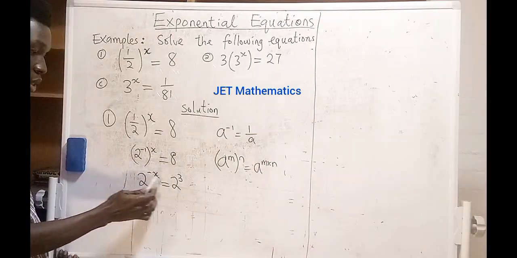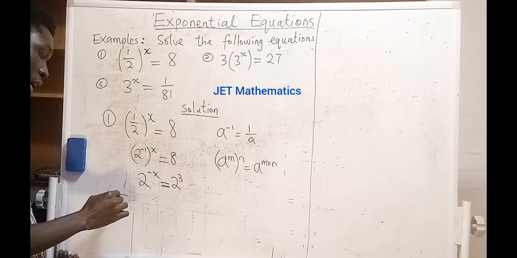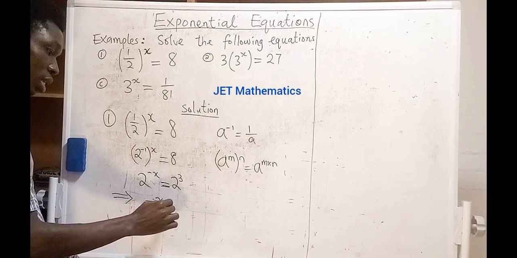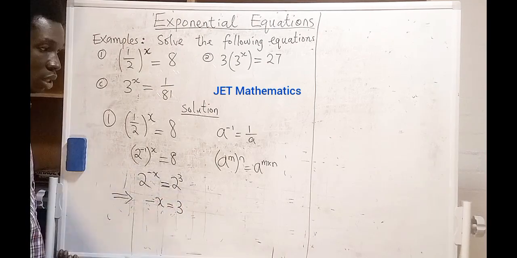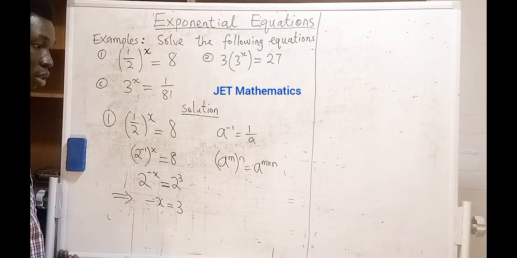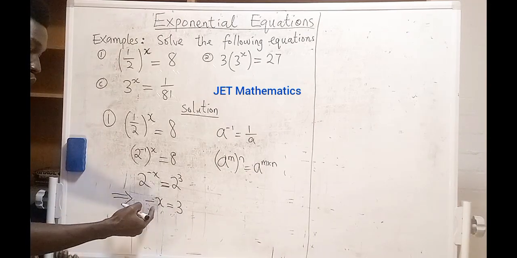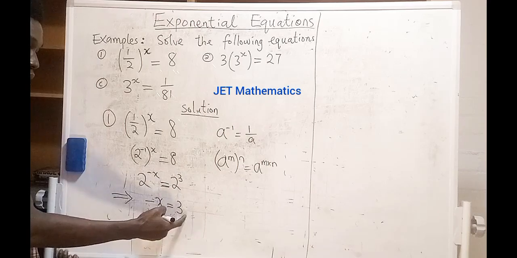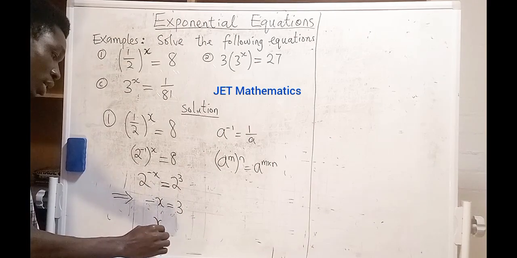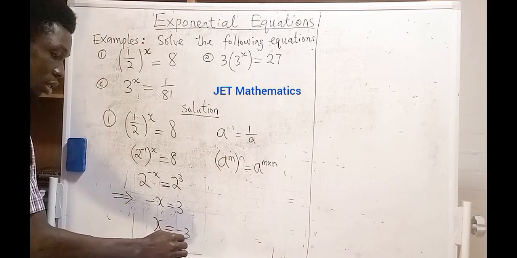So at this time the bases are the same with an equality sign here. This implies that minus x is equal to 3. Multiplying both sides by minus 1, we get x is equal to minus 3.